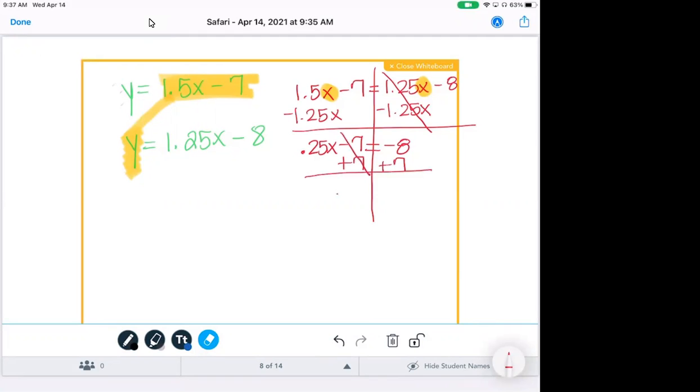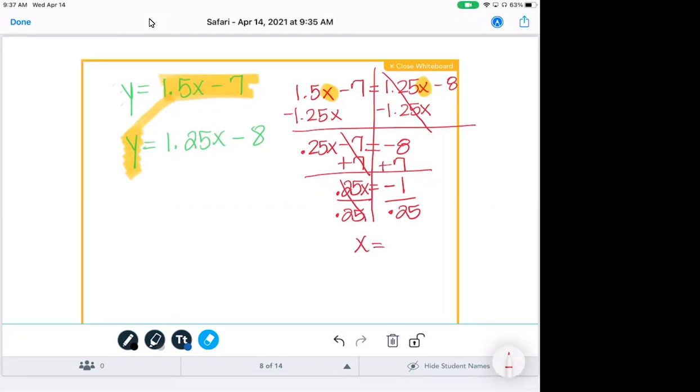All right, and 0.25x equals -8 plus 7, which is going to give me -1. All right, so now I have to keep going to get x by itself. So I am now going to divide both sides by 0.25 to get x by itself.